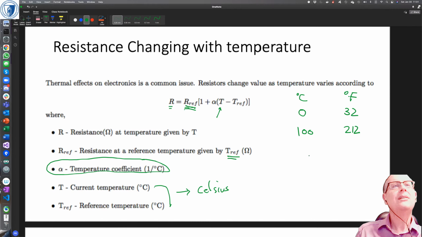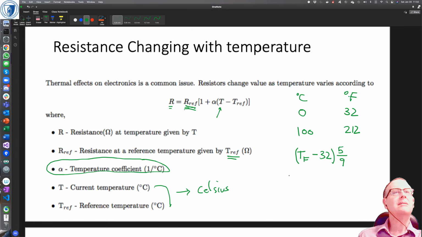So if you have your temperature in Fahrenheit and you subtract 32, and then multiply by 5 on 9.